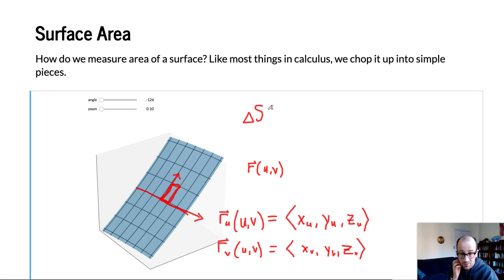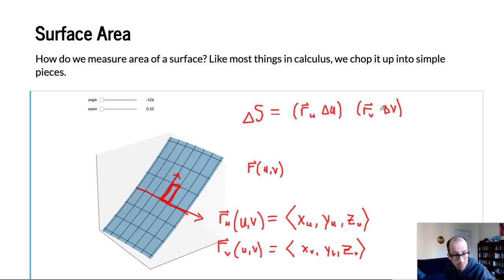So I'm going to remind you of a formula that we saw once upon a time, but the two vectors that form the edges of these parallelograms are exactly r_u times a little delta u, that's vector times scalar, and r_v, of course, times delta v.